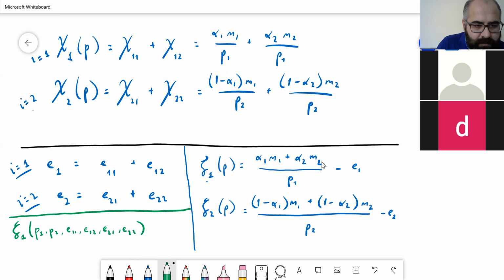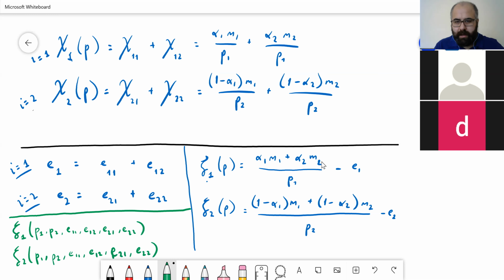Okay, you should be careful because incomes depend on endowments.